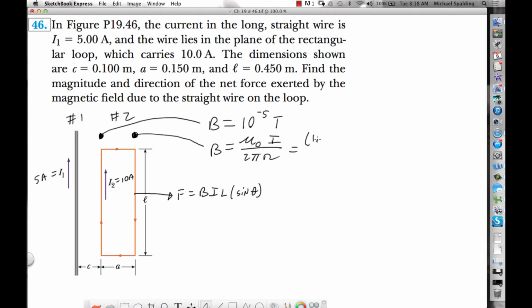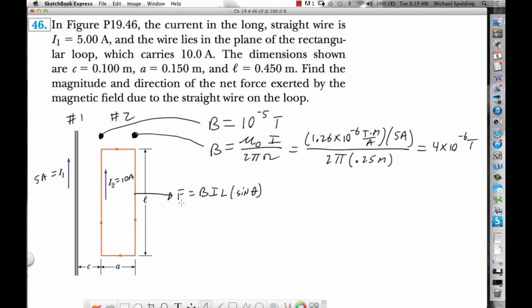Mu naught is 1.26 times 10 to the negative 6 Tesla meter per amp. The current is 5 amps, divided by 2 pi times 0.25. Let me punch this in. Let me pause the video. Okay, so we just confirmed this comes out as 4 times 10 to the negative 6 Tesla.